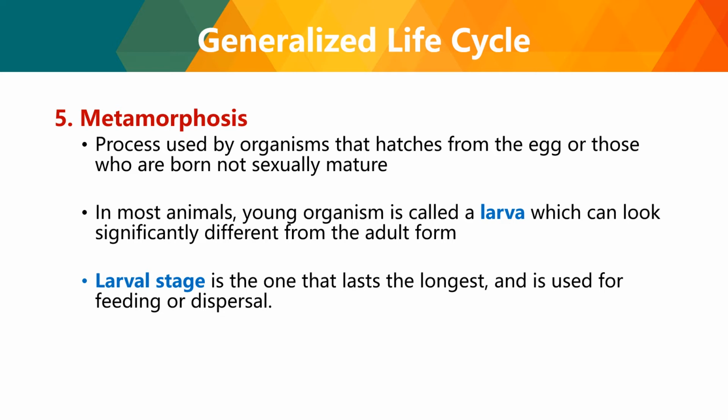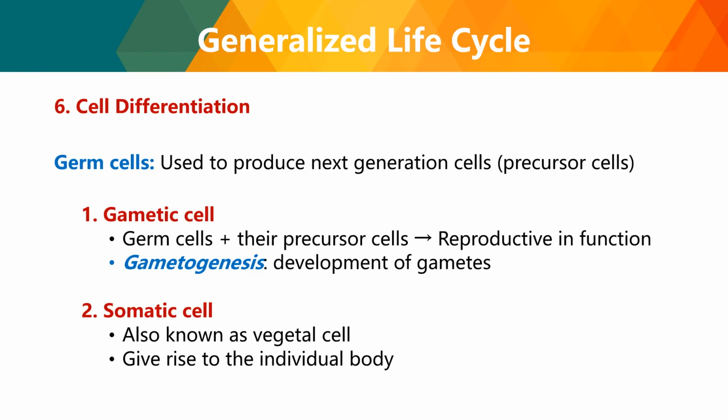So in most animals, young organisms is called a larva, which can look significantly different from the adult form. And the larval stage is actually one that lasts the longest and is used for feeding or dispersal. Okay? So again, this part sa metamorphosis, it's more on the growth already for the process of development. So ayan, metamorphosis is used for those organisms that do produce larvae or larva.